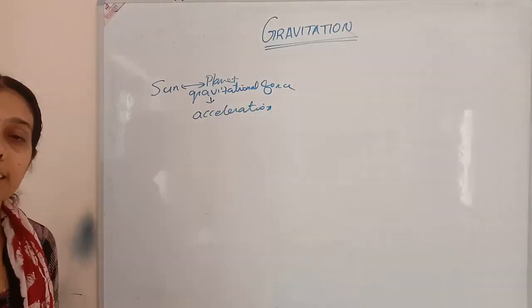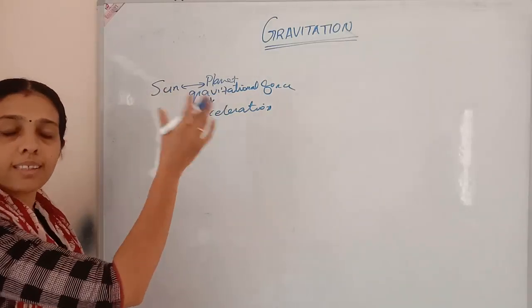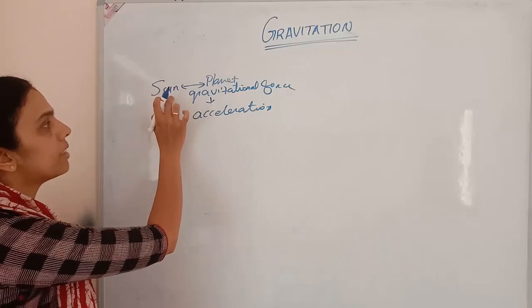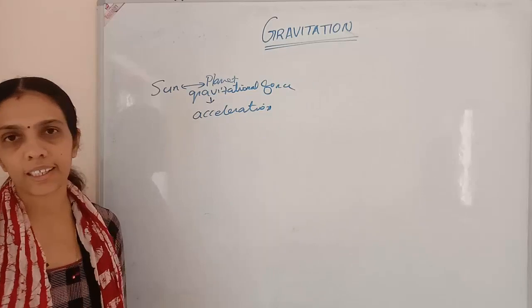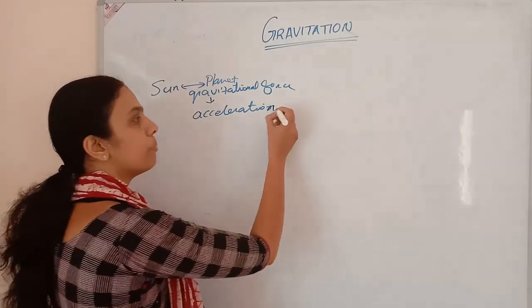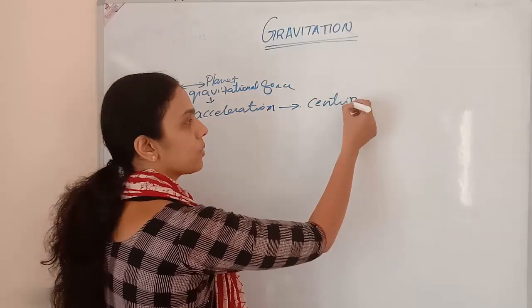Isn't it? Due to the attraction between the sun and the planet, there is a force of attraction. That force is there, acceleration is also there, right? So that acceleration will be helping to give this necessary centripetal force.